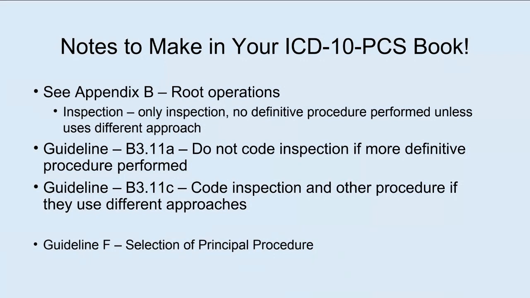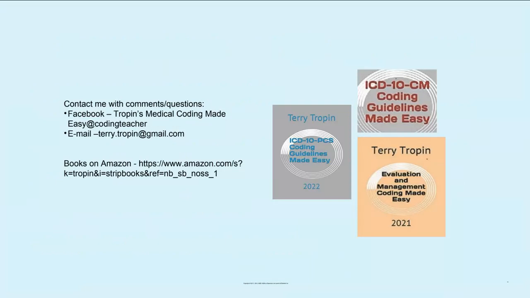So make a note there. Circle also guideline B3.11A and guideline B3.11C. And you might also circle or make a note about that guideline F, selection of principal procedure.